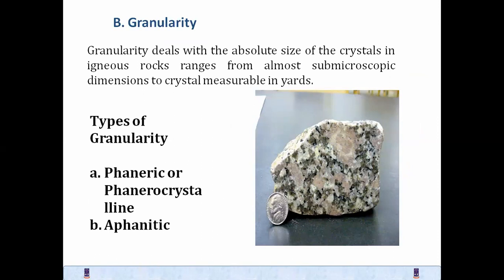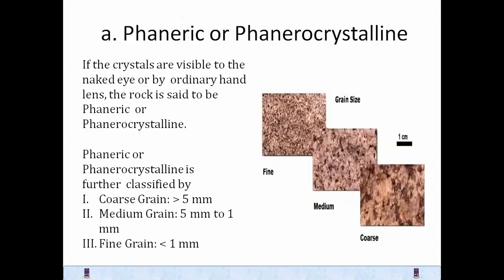Here we have to discuss the size of the minerals present in that rock. Depending on granularity, the types are phaneritic and aphanitic. Let us see the difference between phaneritic and aphanitic in this figure.